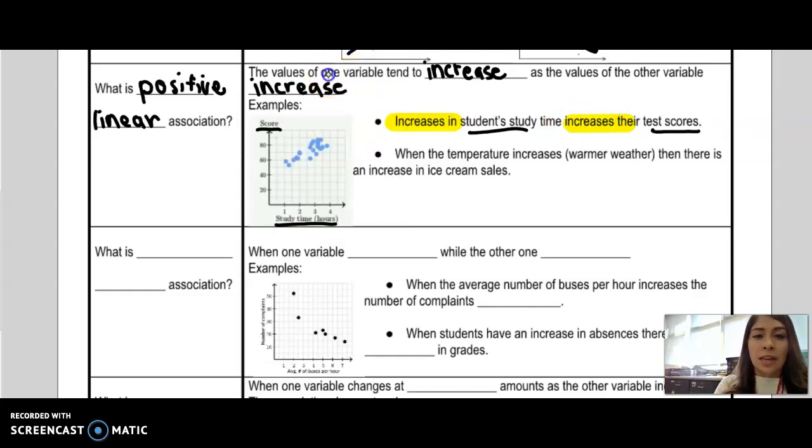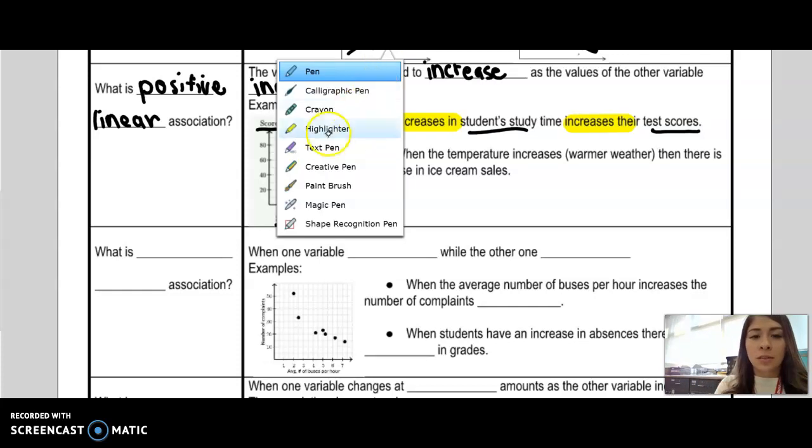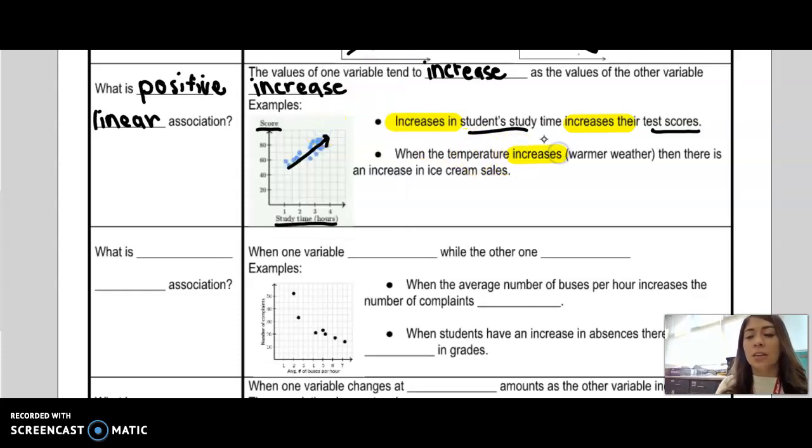As you can see in the dot plot, the values are increasing over time. That is one example right there. Another example would be when the temperature increases in warm weather, then there's also an increase in ice cream sales. So that is what positive linear association is going to be.